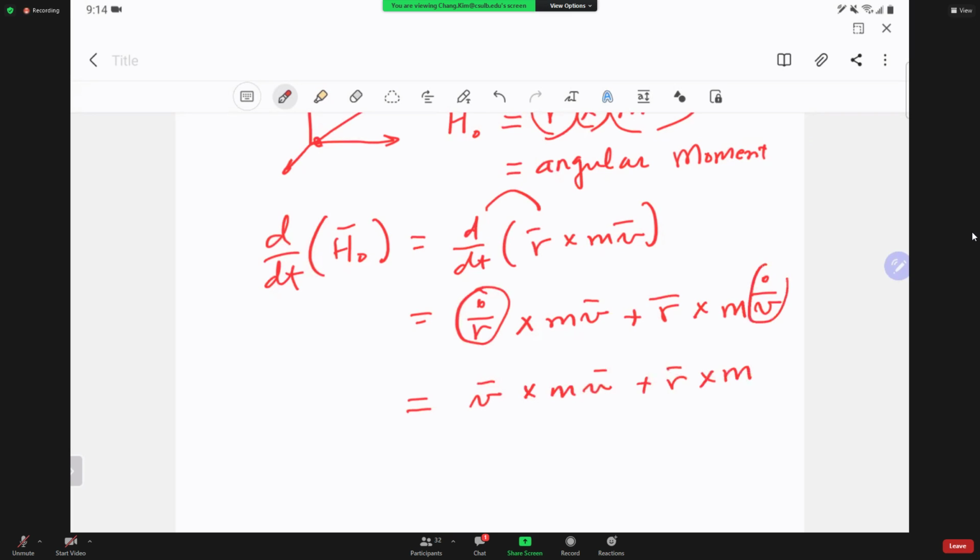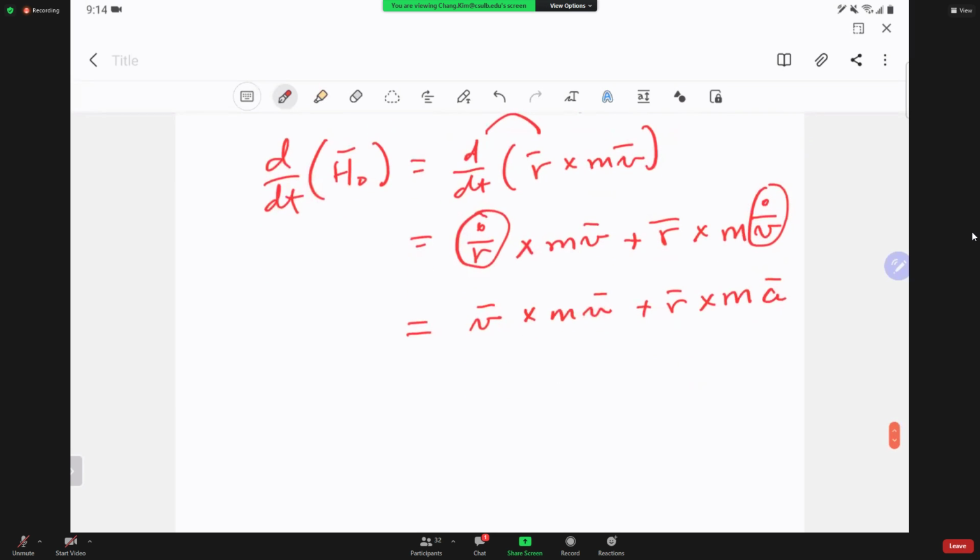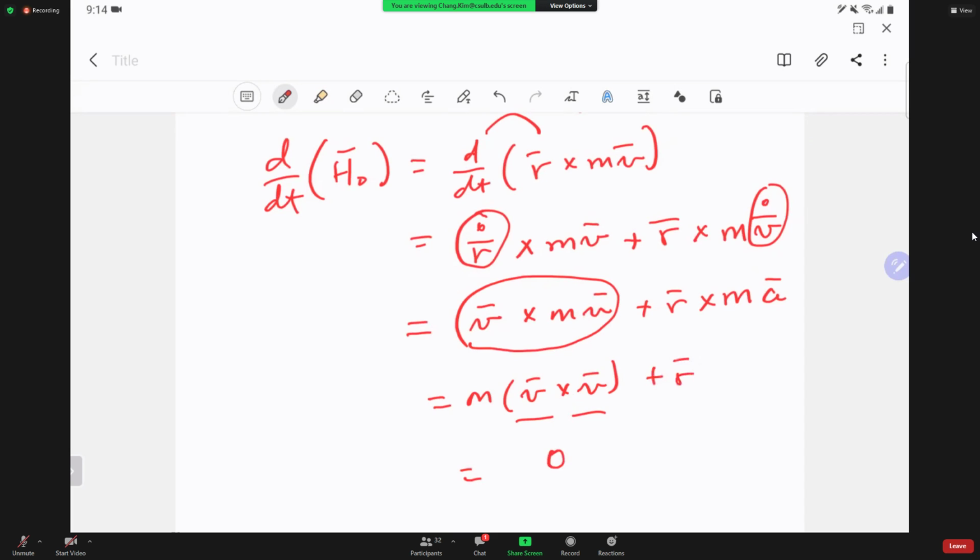And the time change of the velocity with respect to time is an acceleration. Now, when you cross a vector with itself, that is equal to 0. And mass times acceleration is going to be your force.